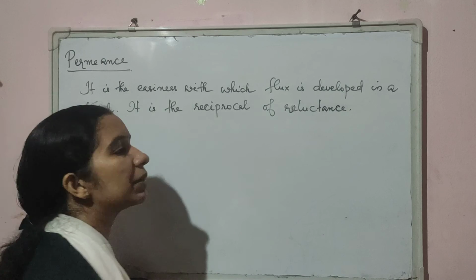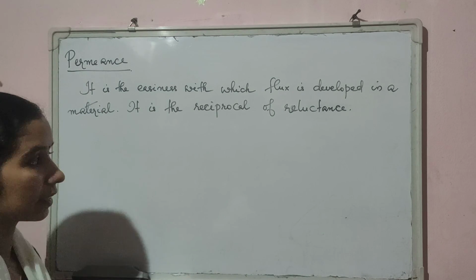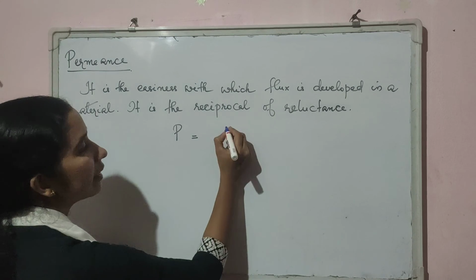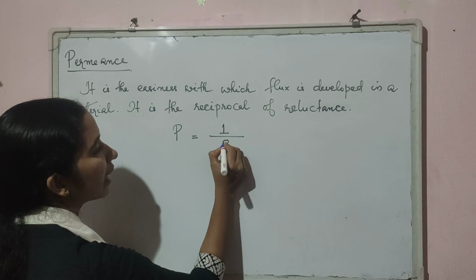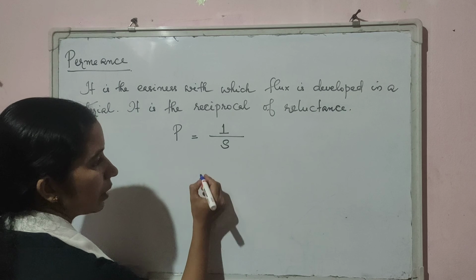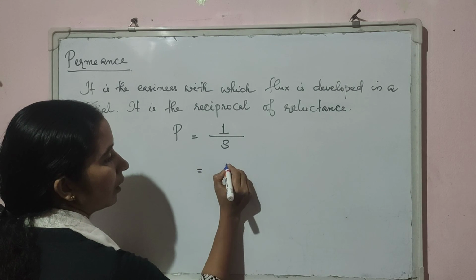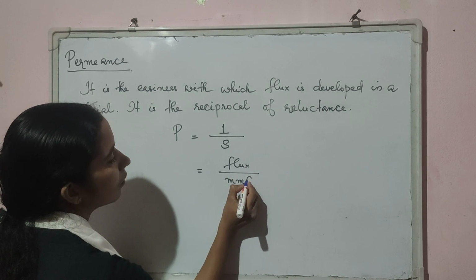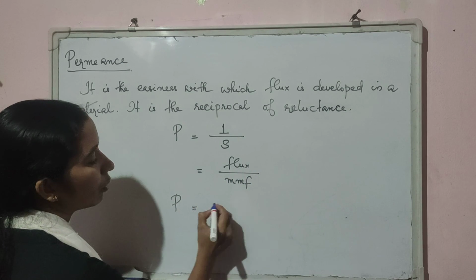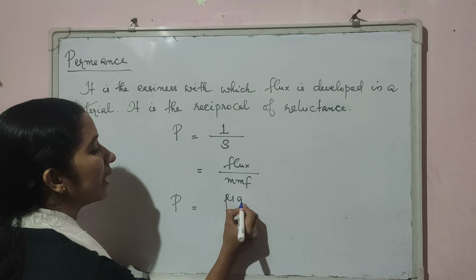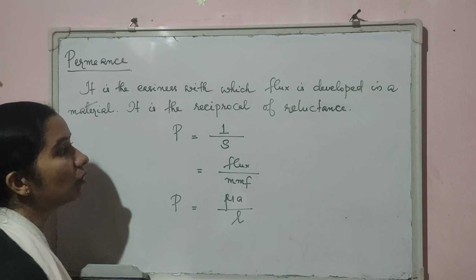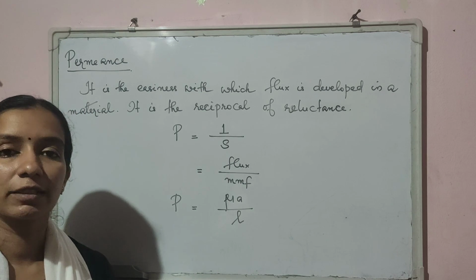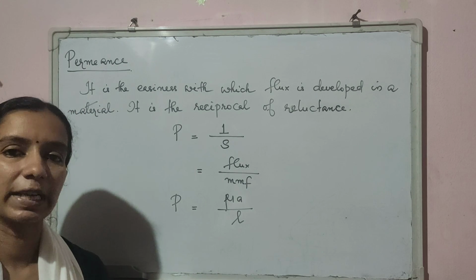We denote permeance using capital letter P, and it will be equal to the reciprocal of reluctance, that is 1 by S. So this can be flux divided by MMF, or it can be equal to mu A divided by L, the reciprocal of reluctance. So these are the basic terminologies which are important in case of magnetic circuits.